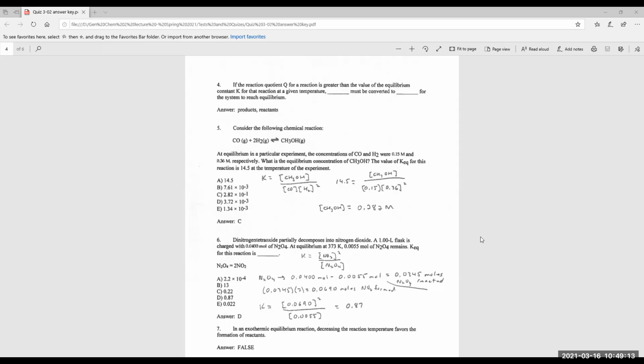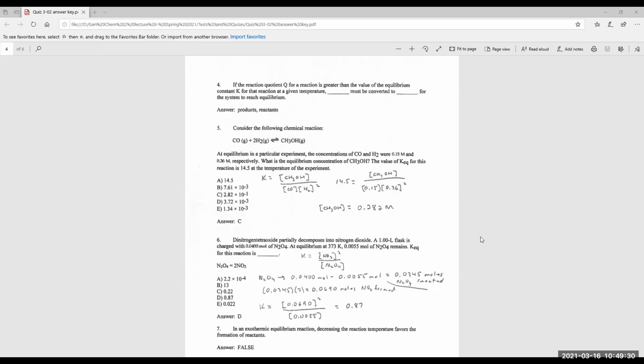We know the stoichiometry is 2 to 1, so we multiply that by 2 to tell us how many moles of NO2 formed. So that is 0.0345 times 2, which gives 0.0690 moles of NO2 formed.